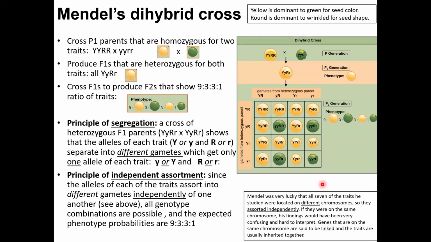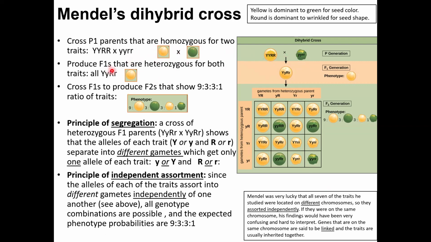To get the idea of this, Mendel did a similar thing with his peas, where the two traits looked into were whether the seeds were round or wrinkly.